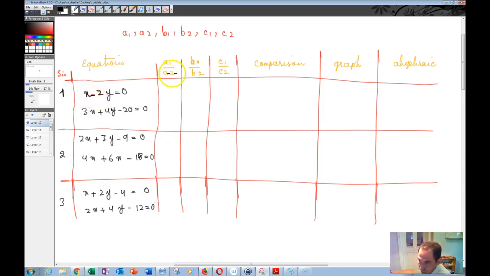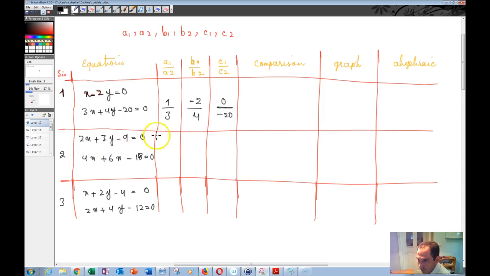You see that a1 to a2 over here, the a's are the coefficients of x, so that's 1 to 3. The b1 to b2 are the coefficients of y, so negative 2 to 4. And the c's are the constants, so that's 0 to negative 20 over here.